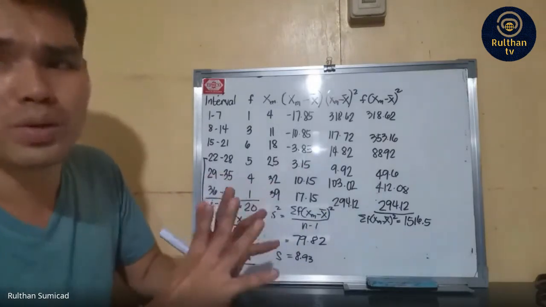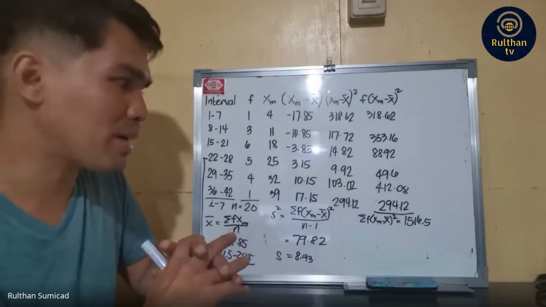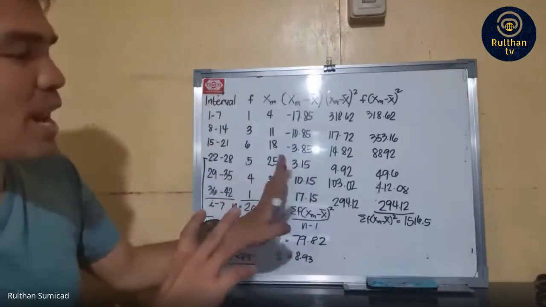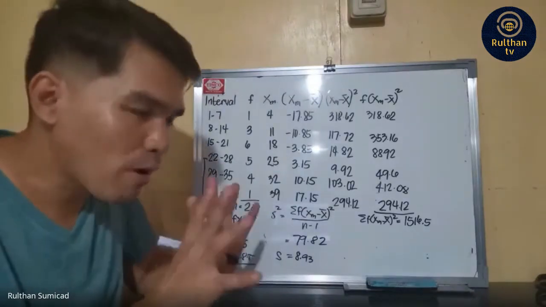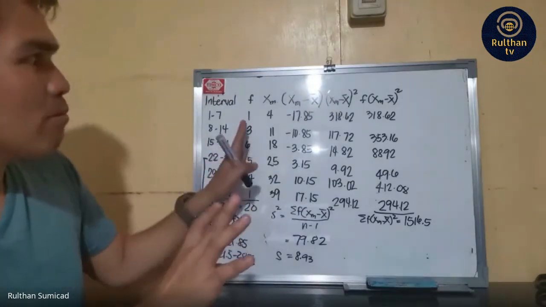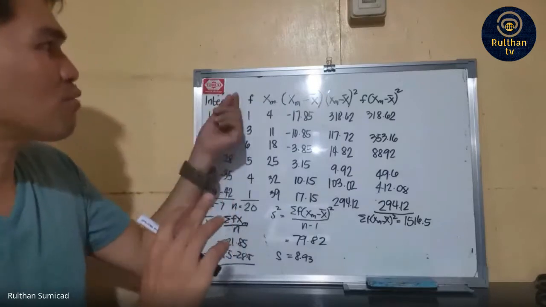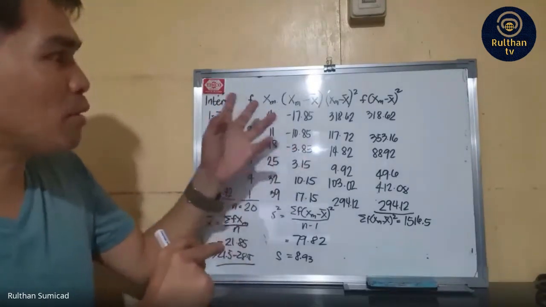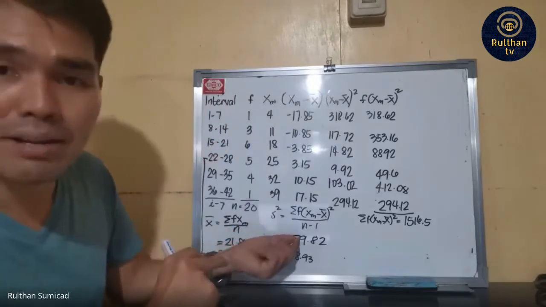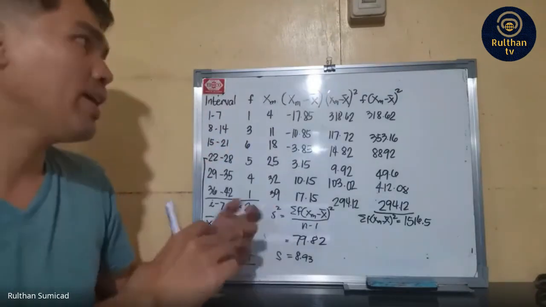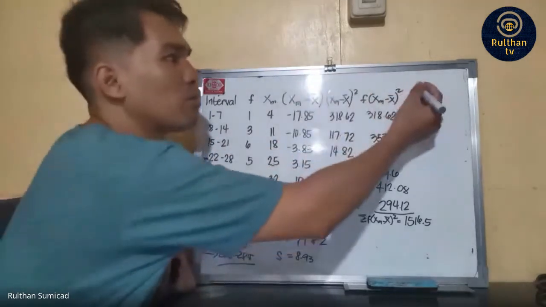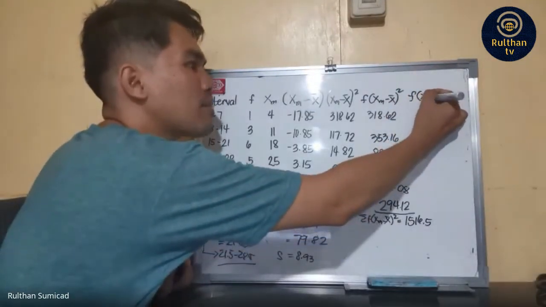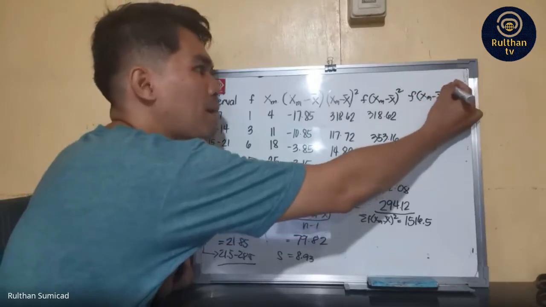Now, how do we solve the skewness of our distribution? For a grouped distribution like this, we have the same formula, but this time we are going to use frequency and midpoint, as we also used frequency and midpoint in identifying the variance and standard deviation. What we need here is a column f times x sub m minus the mean, to the power of 3.